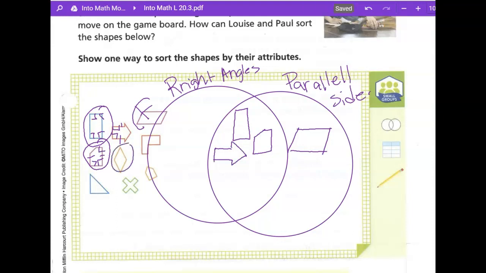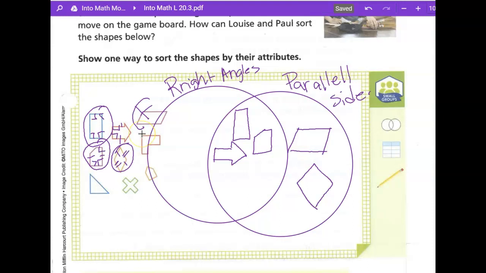This little rhombus does not have any right angles, but it does have some parallel sides. So I'm going to draw this as good as I can. I'm not very good at freehanding a rhombus. Okay, so that's that one.